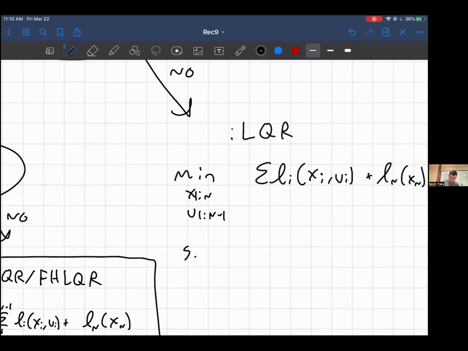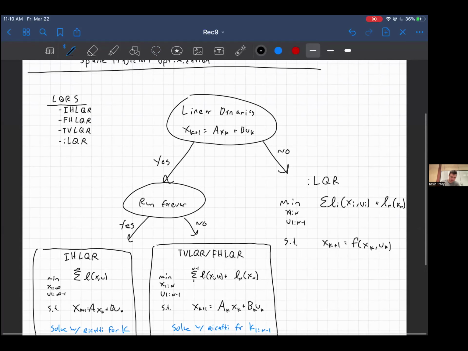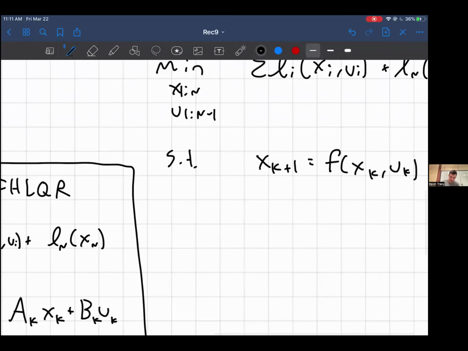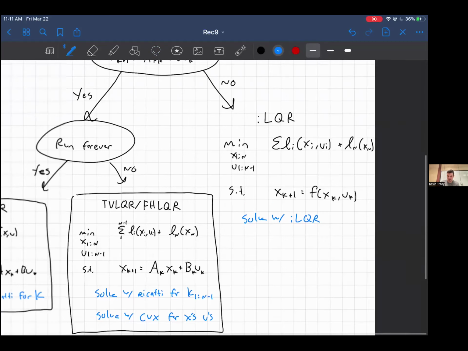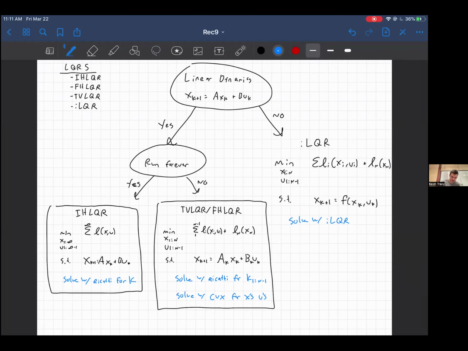And then most importantly here is that now I have generic nonlinear dynamics. So before, and then we solve with LQR. It's kind of the name of a problem and the name of a solver, I guess.